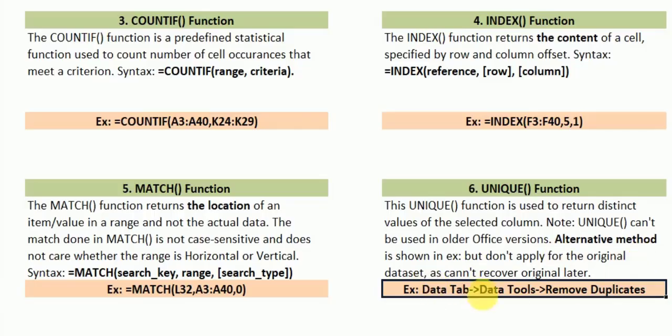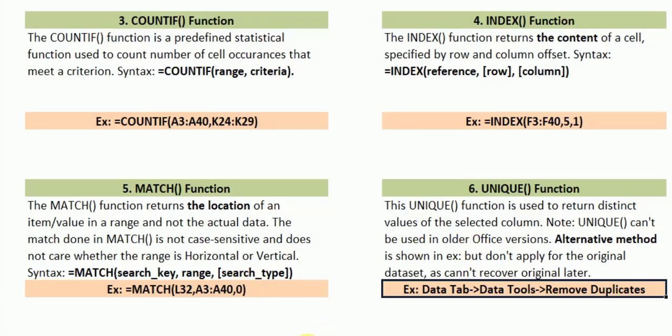You can see the alternative method shown in the example, but a warning is given here: do not apply it to the original data set, as the original data cannot be recovered later. So our suggestion is to make a copy of the column and try to implement the feature.